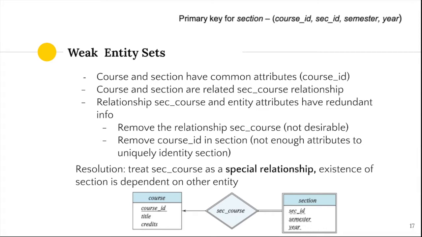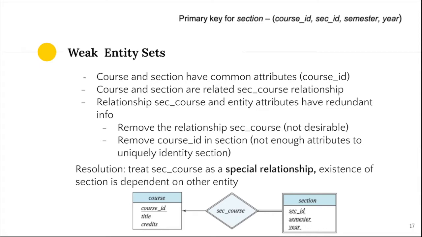If we just list down all the attributes of each of the two different objects and we create a relationship between the two called the sec-course relationship, then we can have redundant information. Ano yung redundant information na yun? There's a relationship between them, so may arrow na, and then we can also have an attribute na course ID, tapos may course ID pa dun sa kabila.